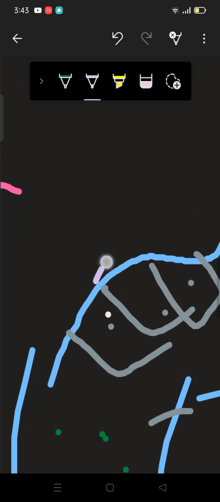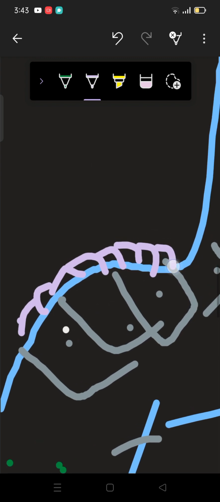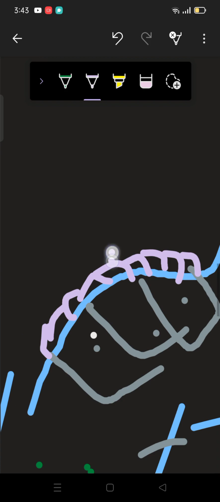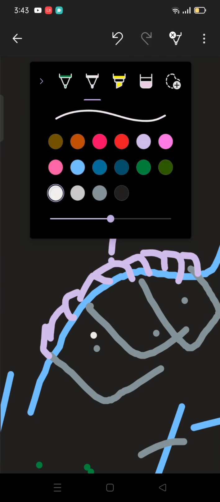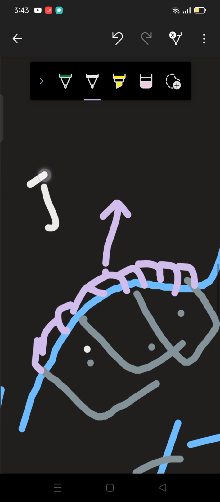So here it has small cells on the macula densa, and these are known as what? These are known as juxtaglomerular cells.